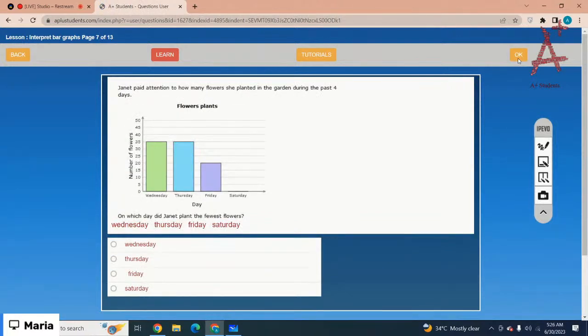Janet paid attention to how many flowers she planted in the garden during the past 4 days. On which day did Janet plant the fewest flowers?